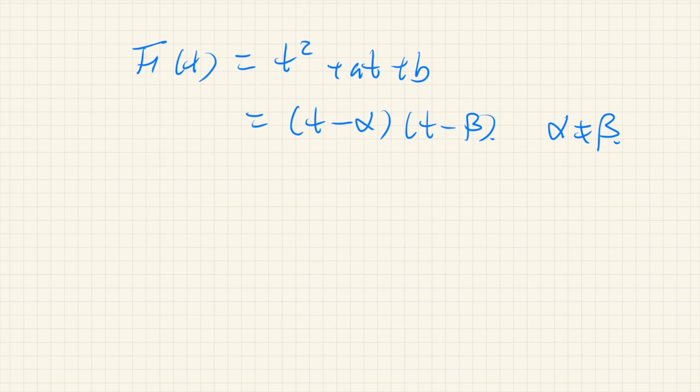Note that these alpha and beta may be complex. So if the discriminant of this quadratic form, that is a squared minus 4b, is negative, then alpha and beta are complex numbers in general, or they may include a non-zero imaginary part. And alpha and beta are complex conjugates of each other.